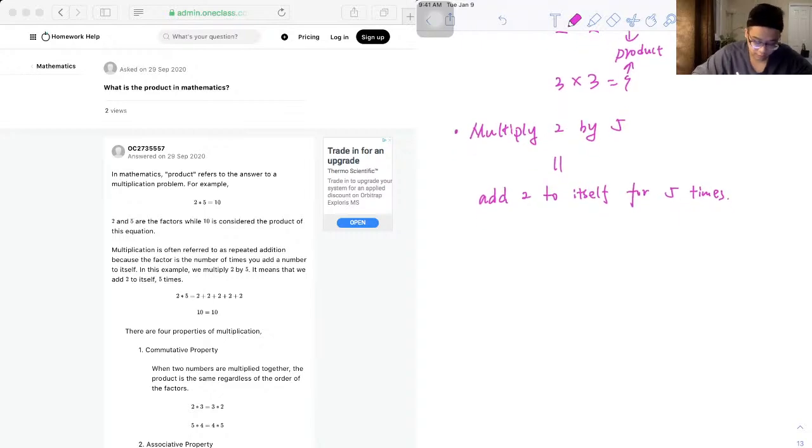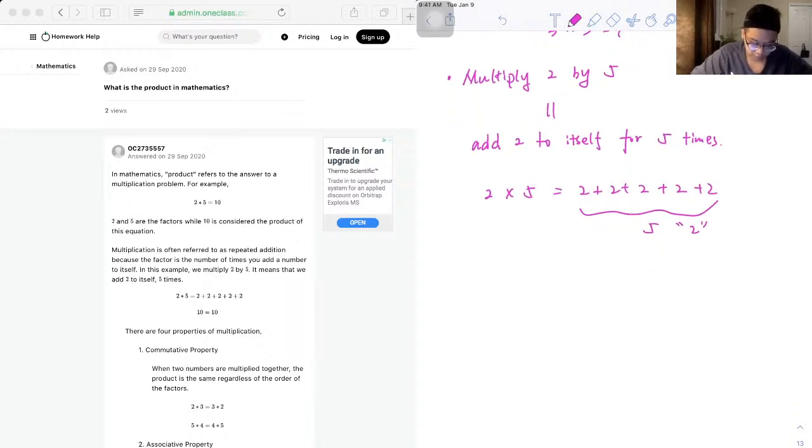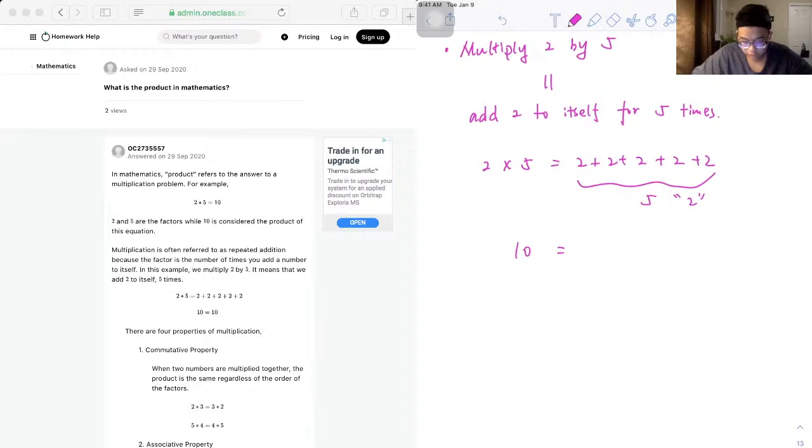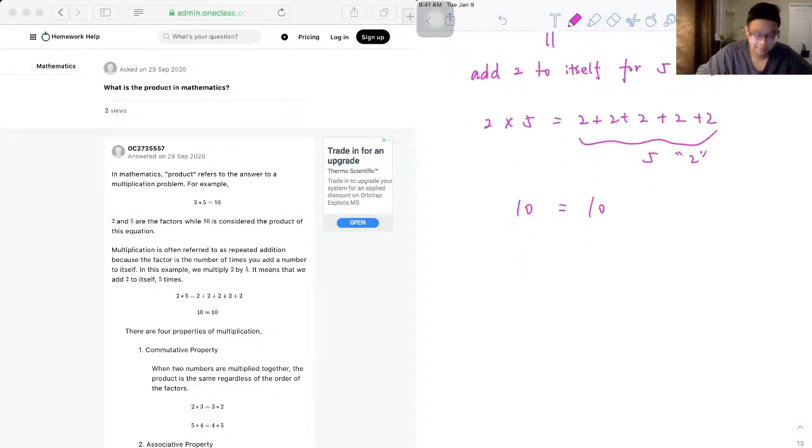Right. So 2 times 5 is just equal to 2 plus 2 plus 2 plus 2 plus 2. And there are 5 twos in total. Right. And still, 2 times 5 is equal to 10. And 2 plus 2 plus 2 plus 2 plus 2 is equal to 10 as well.